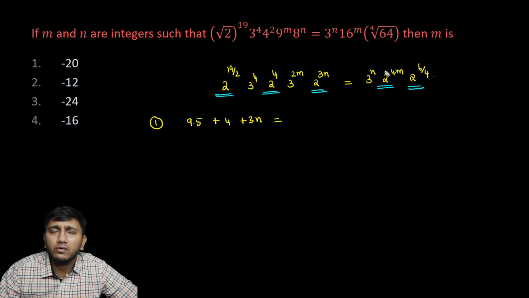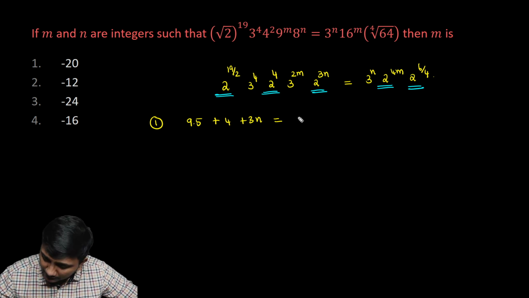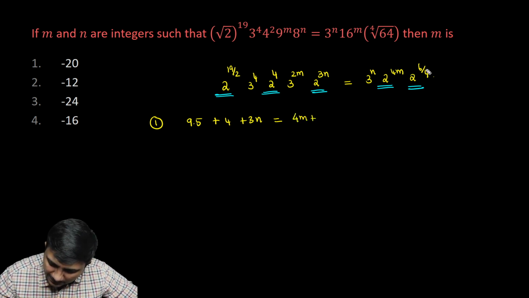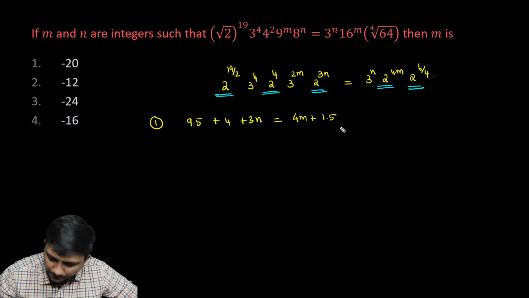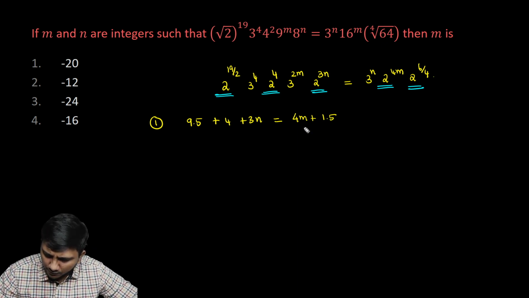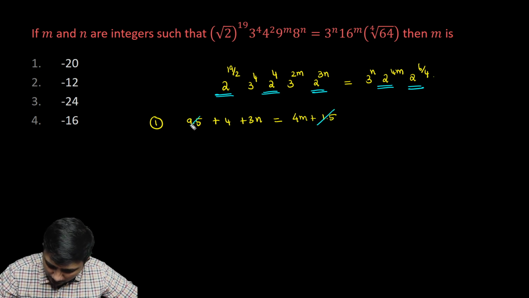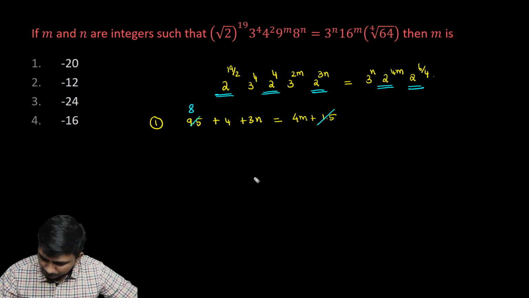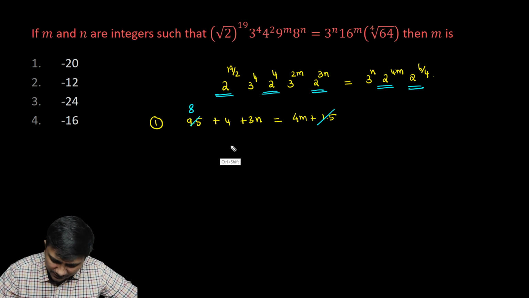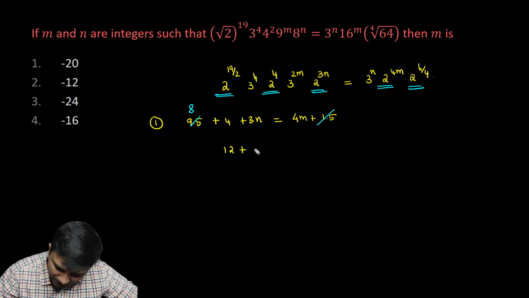Now that should be equal to the power of 2 that you have on the right side. That will be 4m plus 6 by 4, which is 1.5. Let's simplify this further before we go to the equation on the basis of 3. 1.5 I can cancel with 9.5. I can make it 8. 8 plus 4, 12. So let's just write it as 12 plus 3n is equal to 4m.